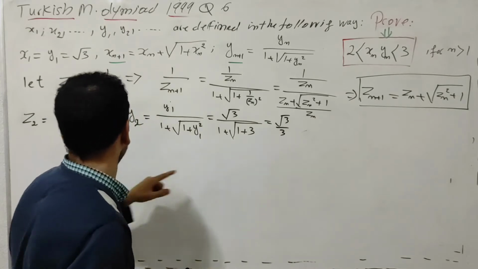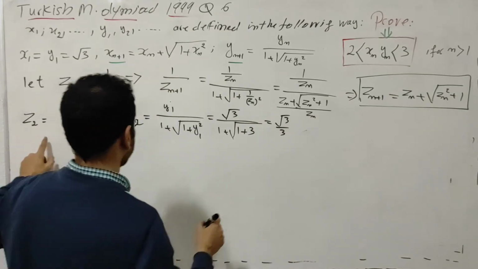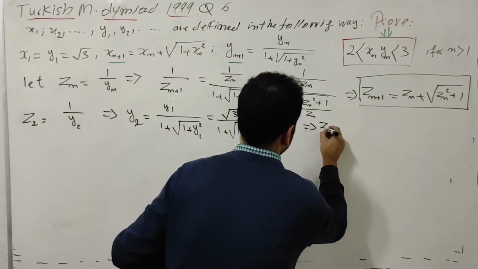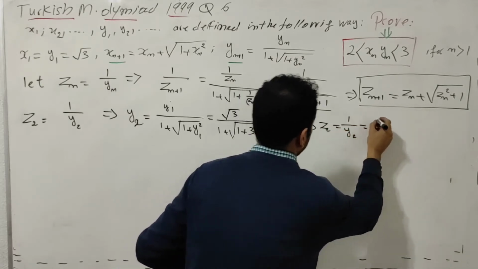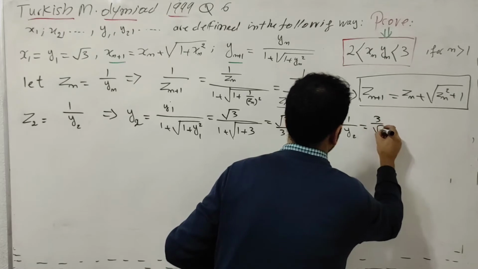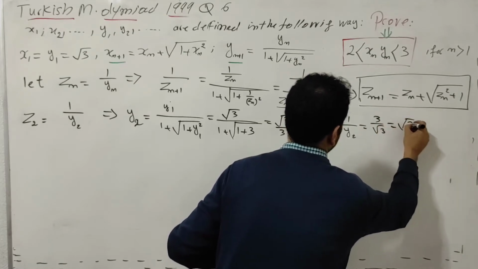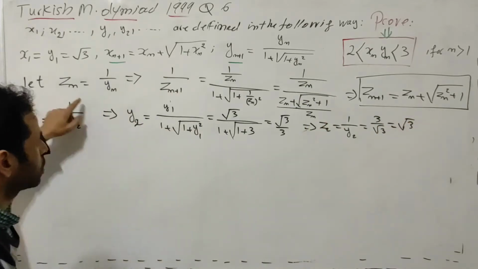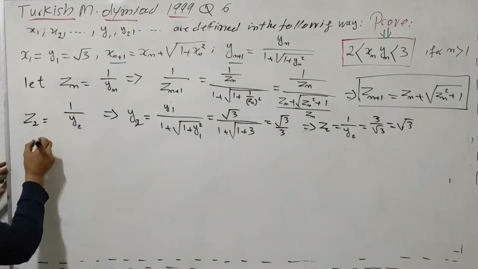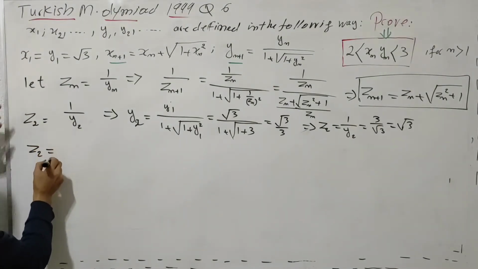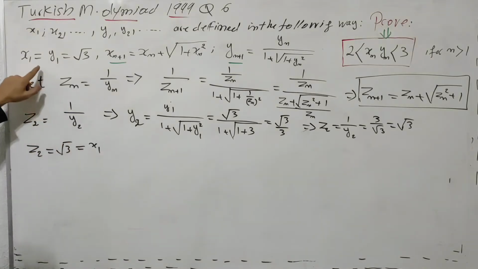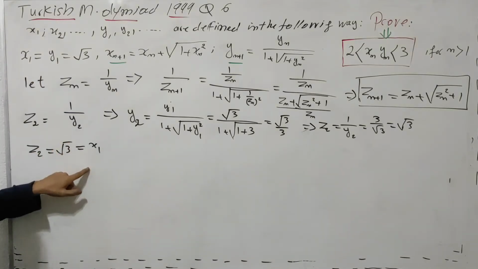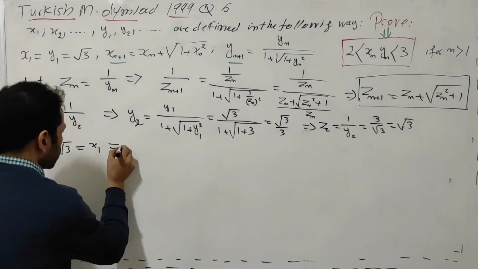By taking the reciprocal to find z2, I have z2 equal to 1 over y2, which is 3 over square root of 3, which is square root of 3. If you take a look at this value, z2 is equal to square root of 3, which is exactly equal to x sub 1.